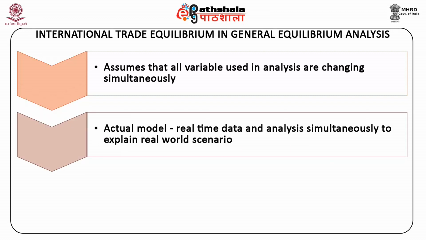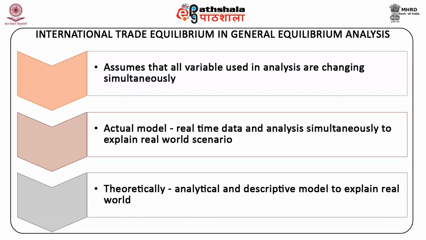The actual model of international trade equilibrium analysis requires real-time data and analysis simultaneously to explain real-world scenario, but theoretically we use analytical and descriptive model to explain real world of international trade.